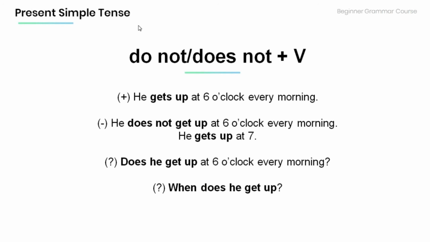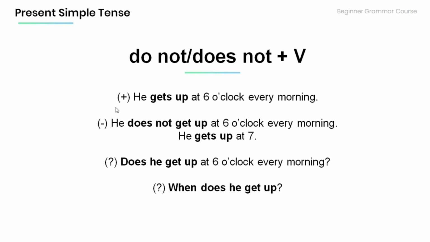Now let's have a look at the use of do not and does not plus verb. Have a look at the examples below. Let's start off with a positive sentence. He gets up at 6 o'clock every morning.